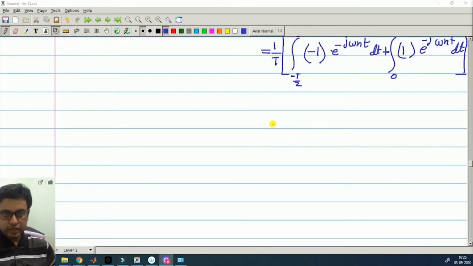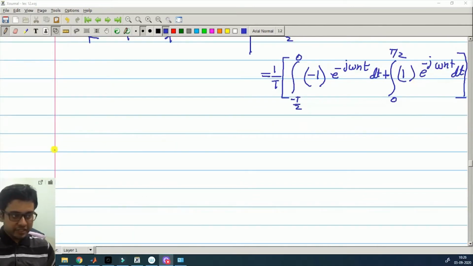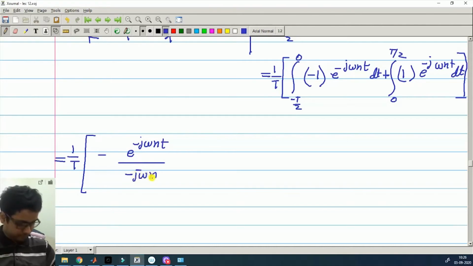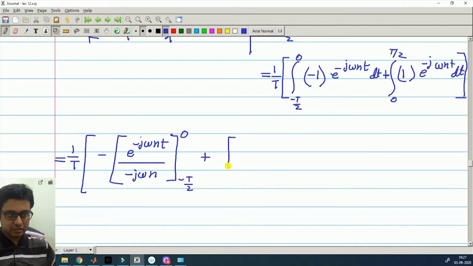Now integration of exponentials is always easy, at least easier than sine and cosine. 1 over T, then -1, and integration of e to the power minus j omega n t is the same thing, divided by minus j omega n with limits minus T by 2 and 0, then plus 1 and e to the power minus j omega n t divided by minus j omega n with limits T by 2 and 0.